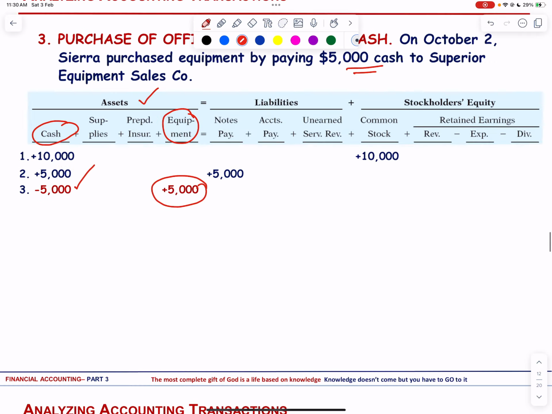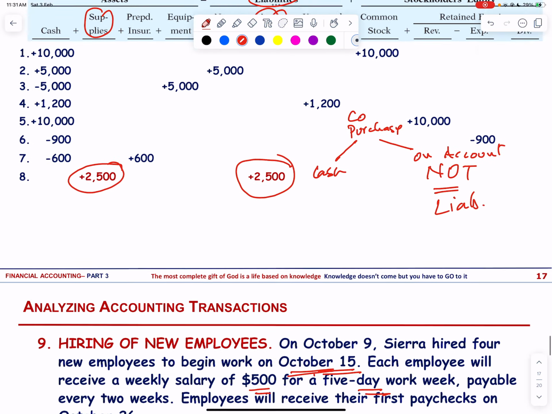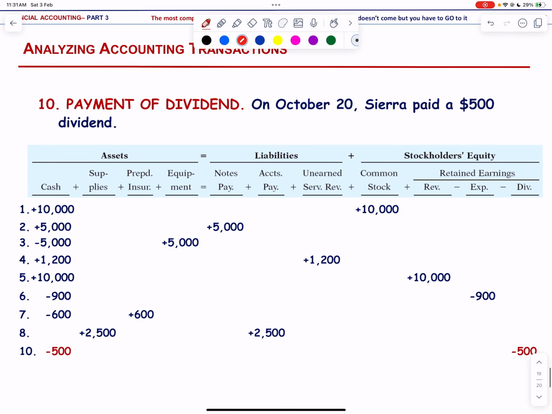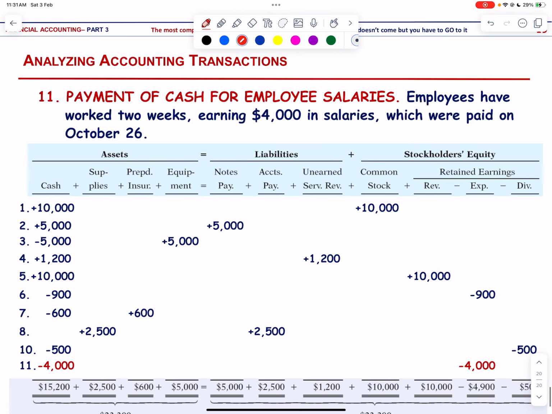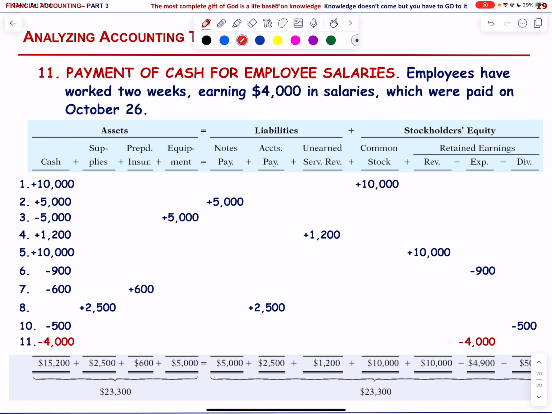So they are paying dividend, and when the company is paying dividend, then obviously dividend is minus, and since we are paying cash, cash is an asset that is decreasing over here as well.